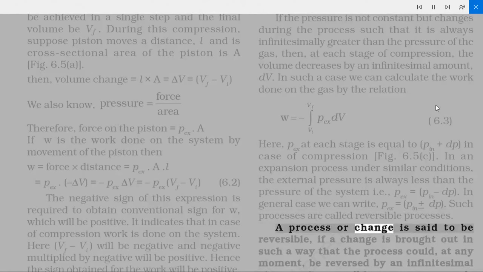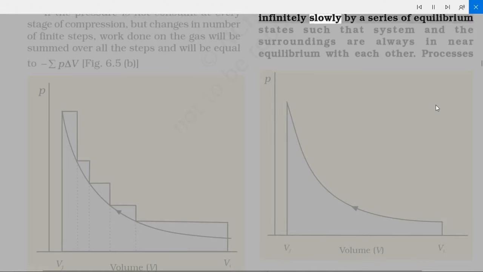A process or change is said to be reversible if a change is brought out in such a way that the process could, at any moment, be reversed by an infinitesimal change. A reversible process proceeds infinitely slowly by a series of equilibrium states such that system and the surroundings are always in near equilibrium with each other.